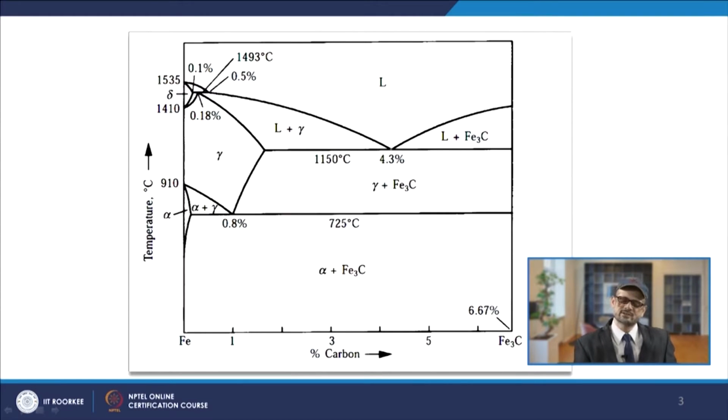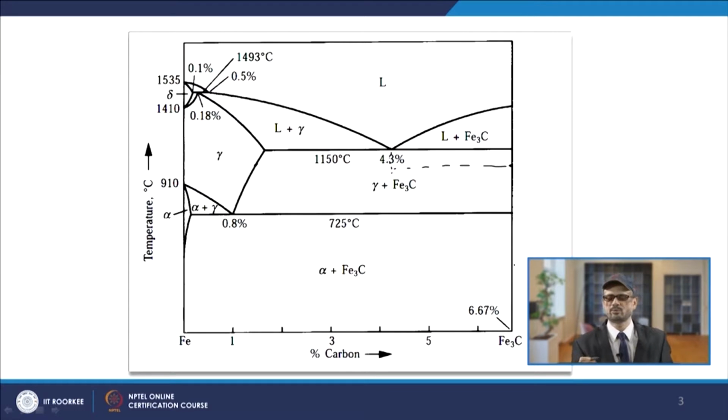So, this point is the eutectic point, and on this you are getting the mixture of gamma plus Fe3C. As discussed, when your temperature comes below this, on this side this line is touching this point, so that is gamma, and on this side you are touching this line, this is Fe3C. So, you will have gamma of this composition and Fe3C of this composition, and that is a straight line.